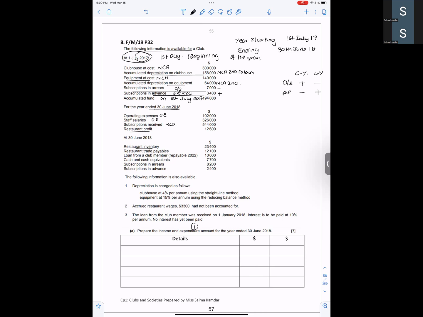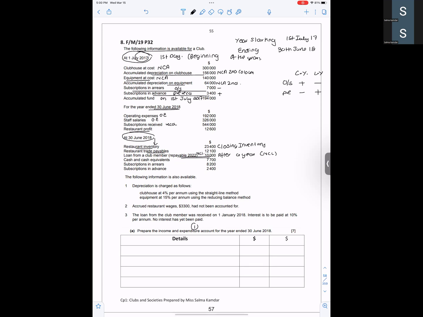So I have on the last date, restaurant inventory. So this will become my closing inventory. And I have restaurant trade payables also. There is a loan from a club member that is repaid after a year. So this will become a part of my non-current liability.